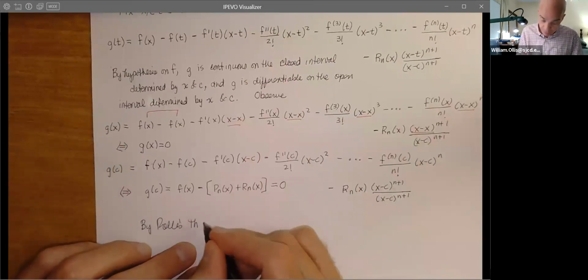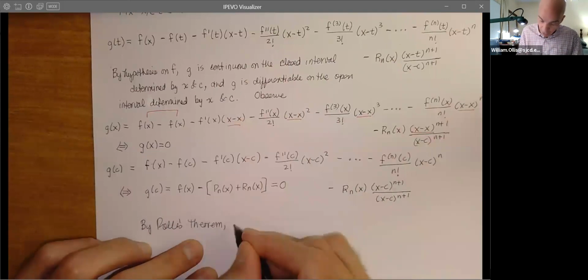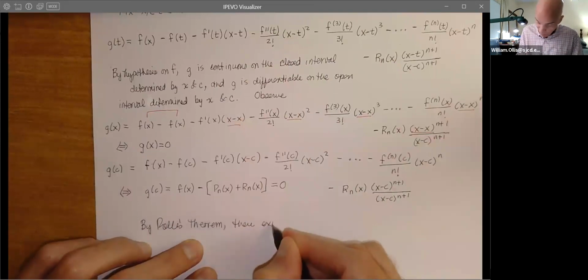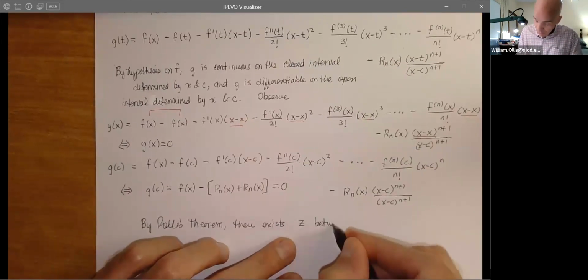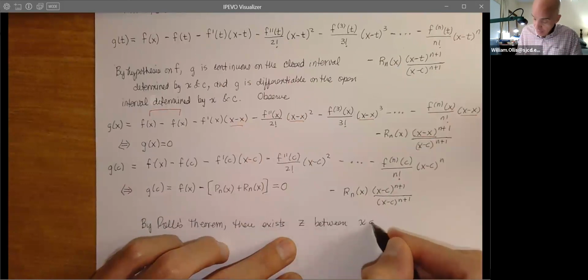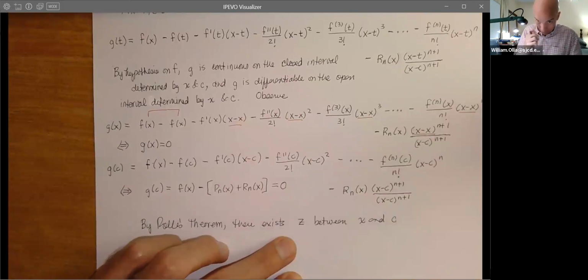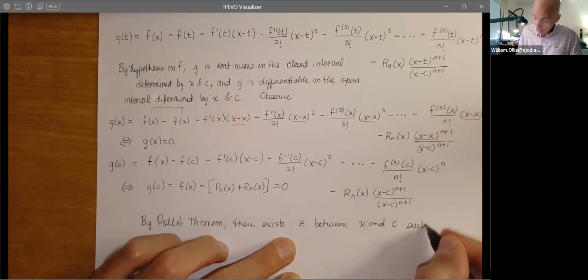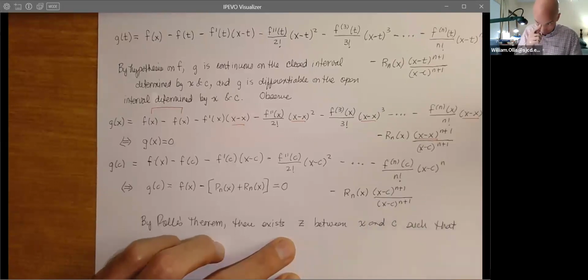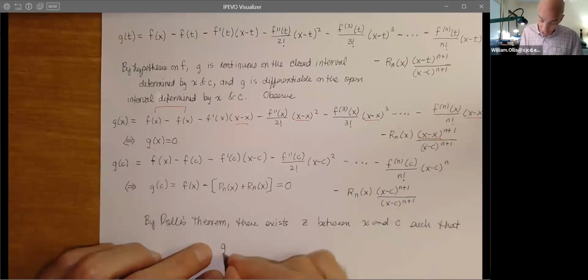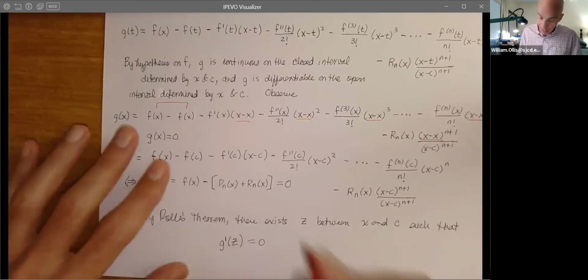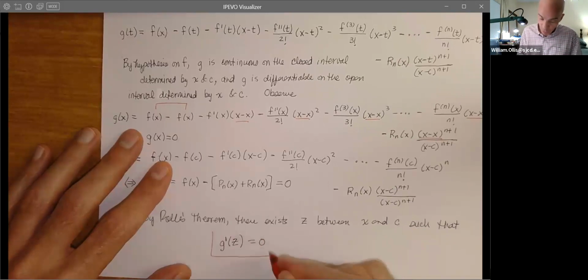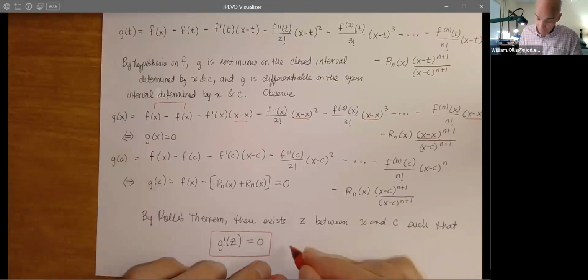By Rolle's theorem, there exists z between x and c such that, and this is very important, g prime of z, that is, at z, we get a horizontal tangent. So that's the key, and this is going to give us the remainder. So this is the key step.